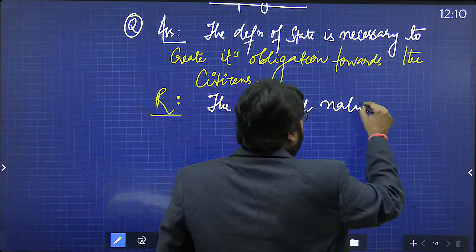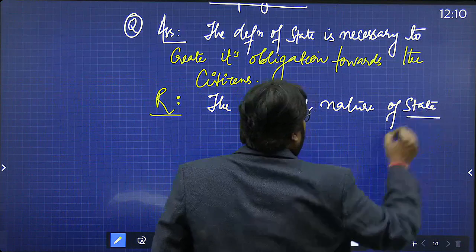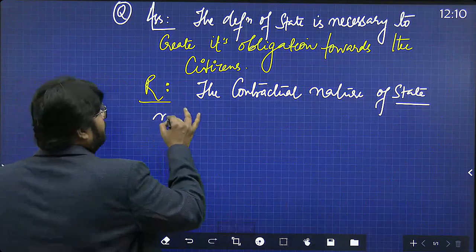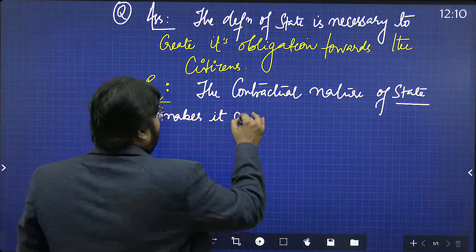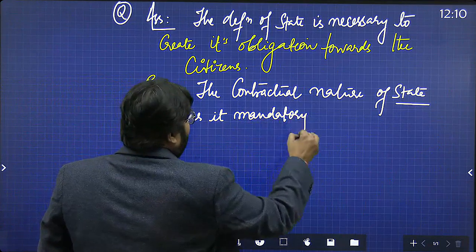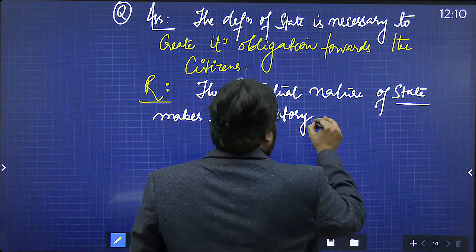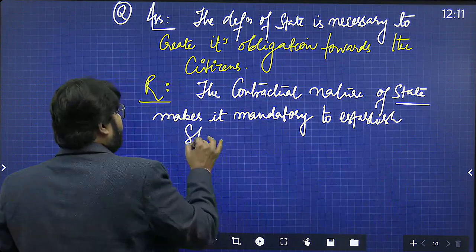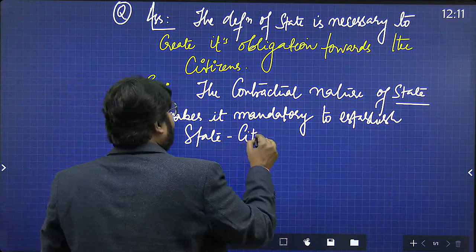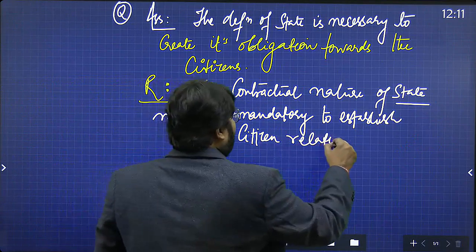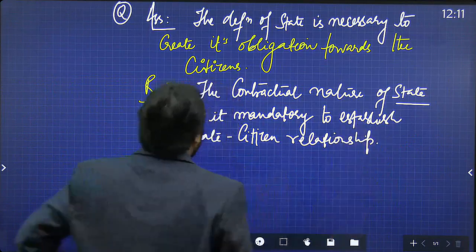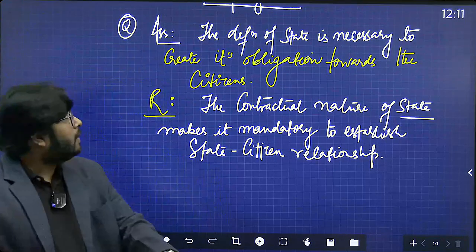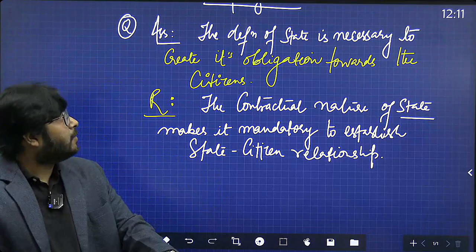Reason: The contractual nature of the state makes it mandatory to establish the state-citizen relationship. You know the usual options A, B, C, D. The definition of state is necessary to create its obligation towards the citizen.